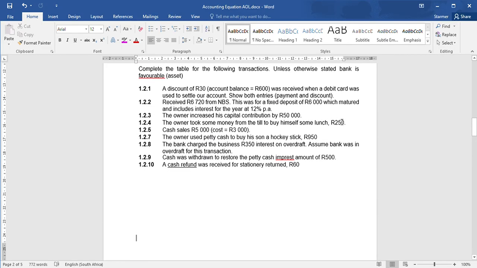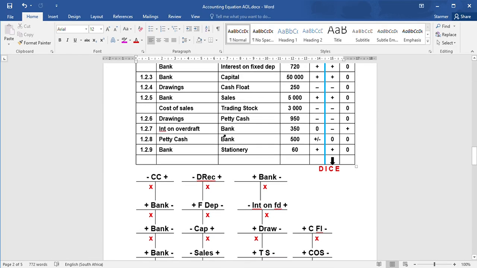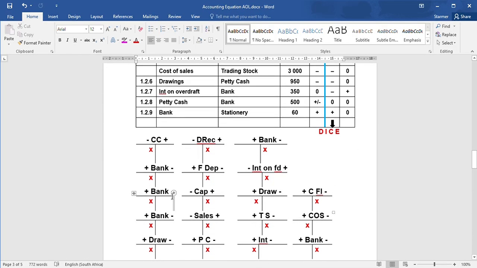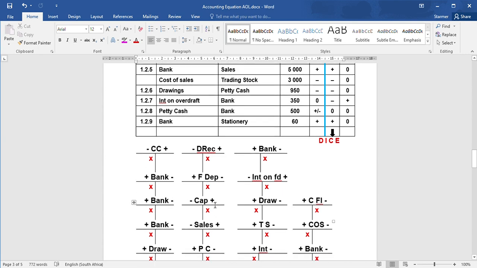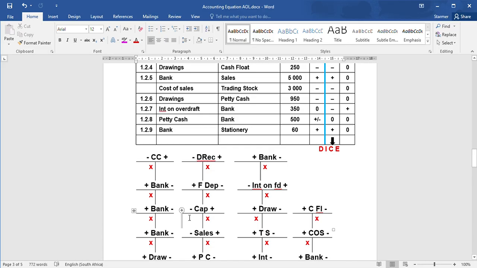Okay, the next one. The owner increases capital contribution by 50,000 Rand. The two accounts that change there will be bank and capital. The bank account of the business is increasing and the amount of capital is increasing. So now we look at our table.